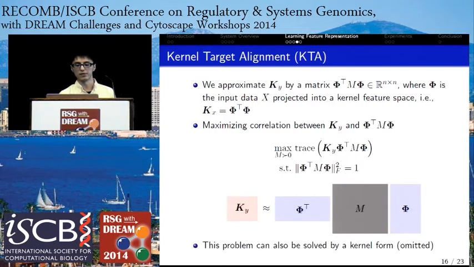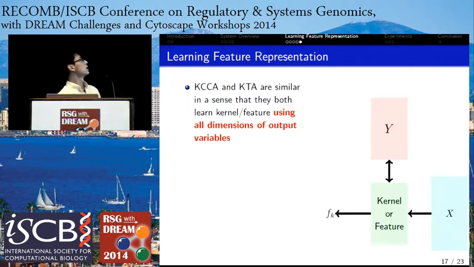Again, here I don't go into detail on the optimization. So kernel CCA and kernel target alignment are different methods, but we can interpret them from one common picture in this illustration. They are similar in the sense that they both learn the kernel or feature using all variables in the output.